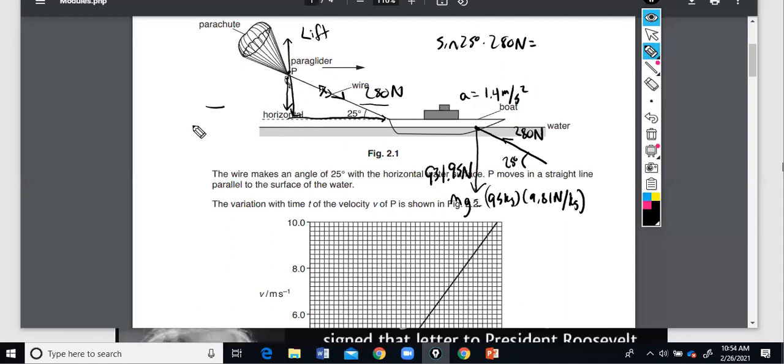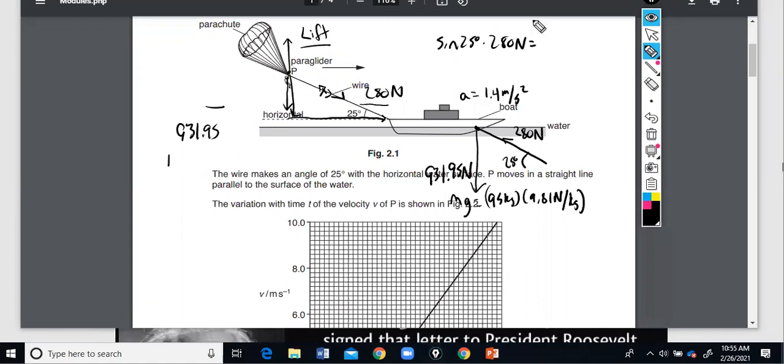Plus, remember, this person had weight of 931. If you all of a sudden stopped moving, the person is just sitting there, they're going to fall down due to their weight, right? So their weight is a force that always acts down. There's a component of tension pulling the person down to combat the lift that's going up, and lift is what we're trying to calculate. This is the way we need to think through it.